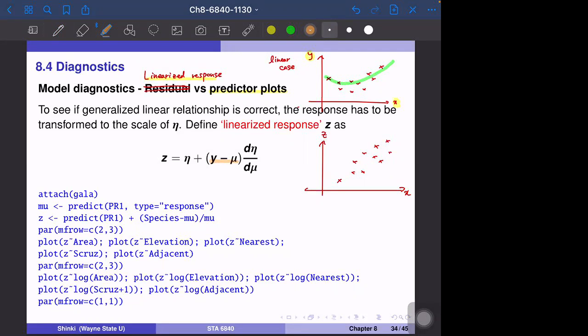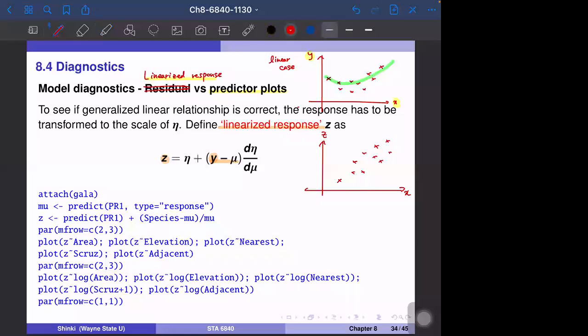So basically we use the link function to calculate it. We have to use the inverse of the link function to generate this z instead of the response y. So z is called the linearized response. If the generalized linear model assumption is correct, then the relationship between z and x is linear.